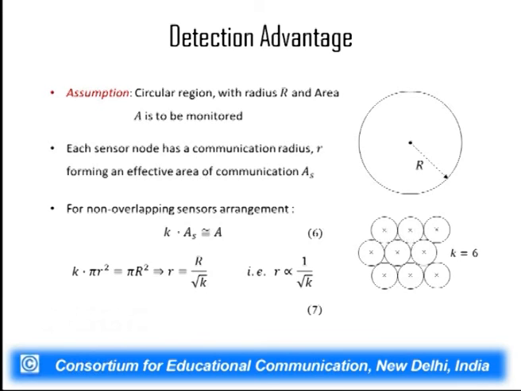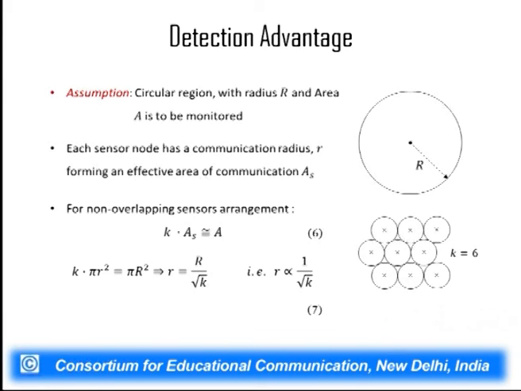Now, a very simple mathematical equation that we have here is K multiplied by AS should be approximately equal to the area we are given to monitor, that is the ROI, the region of interest. If we put in the values, the simple pi r square values, the pi being a constant gets cancelled out, and we get a nice proportionality constant here.